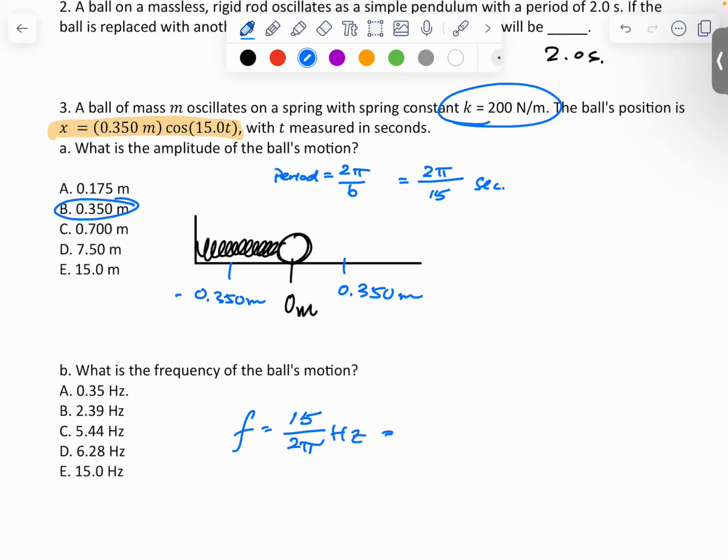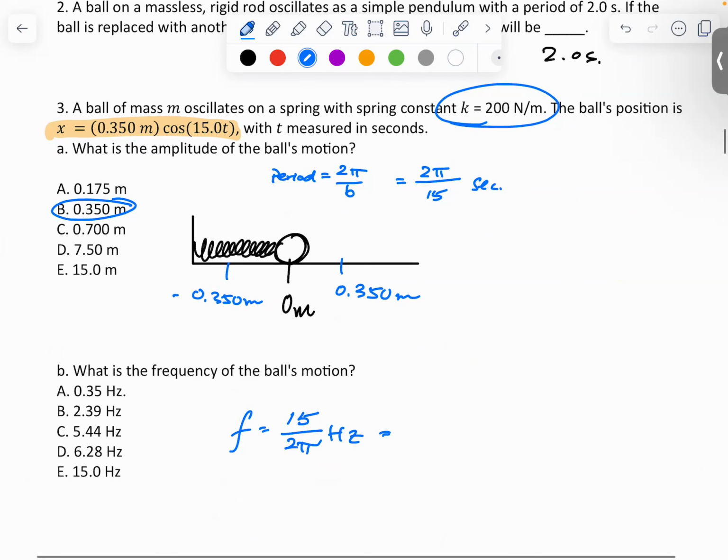Of course, we need to use a calculator for this, and make sure that you put a pair of parentheses around the 2 pi, or else you are going to miscommunicate with the calculator. So that's going to be 2.39 hertz. So instead of just going to part B, I actually prepared you to answer part B. So far, so good.